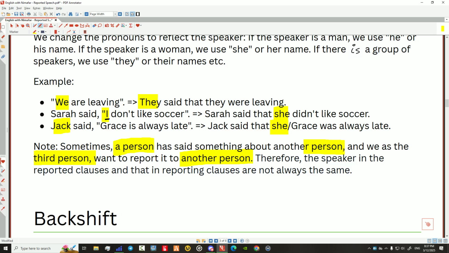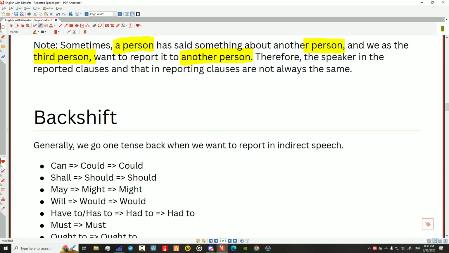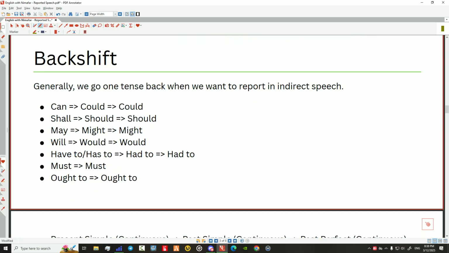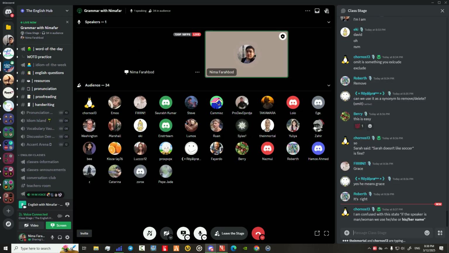So sometimes it's a bit complicated. This is the reporting clause: Jack said. The reported clause is like this: Grace is always late, she was always late. You don't need to just learn the names. Just know that sometimes it's a bit complicated. Backshifting is super easy. This part is really easy.